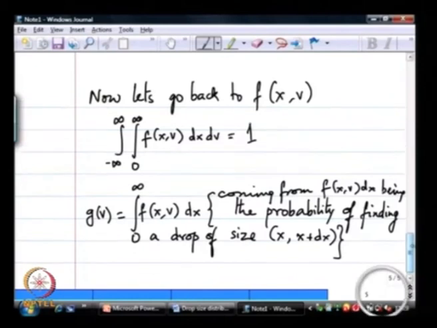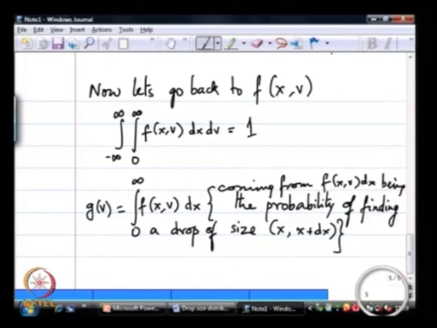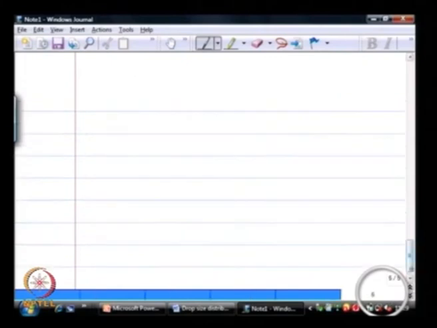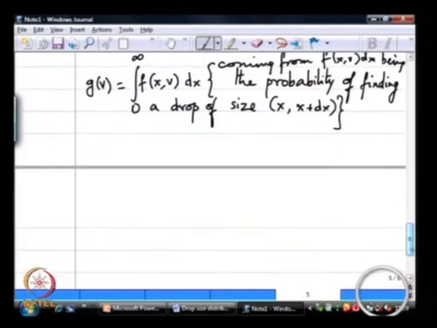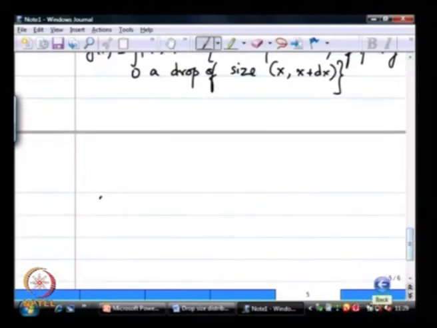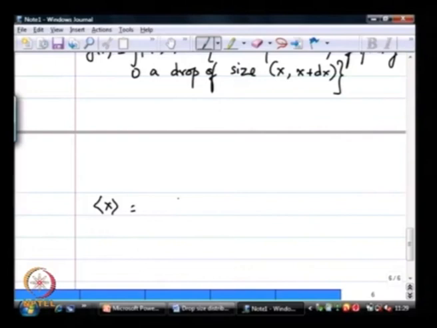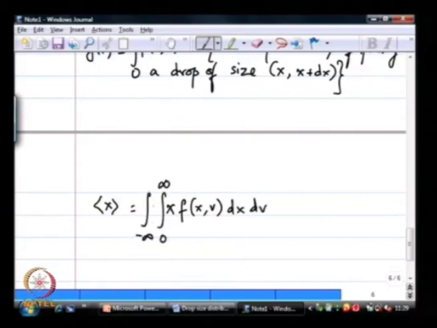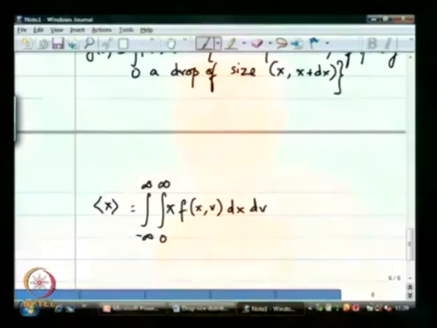so I want to see if I can define a mean velocity. I want to find a mean drop size in this thing. So, let us first simplify this. If I define a mean drop size, x times f of x comma v dx dv integrated from 0 to infinity and the v integral going from minus infinity to infinity, this gives me the mean drop size over all the velocities.